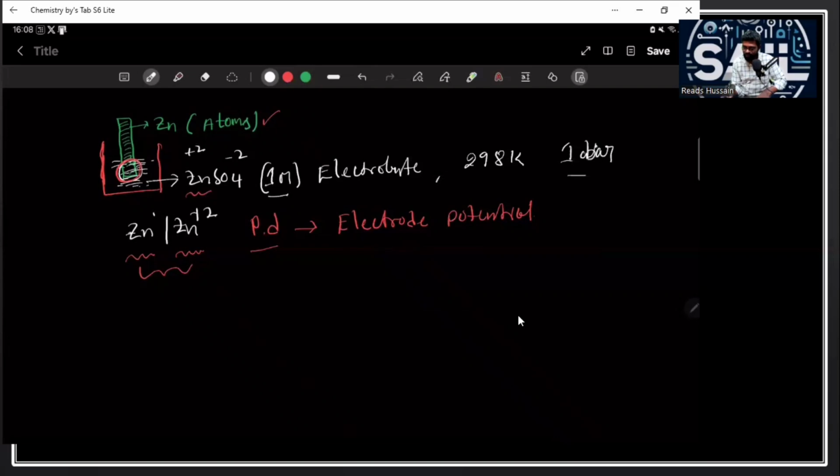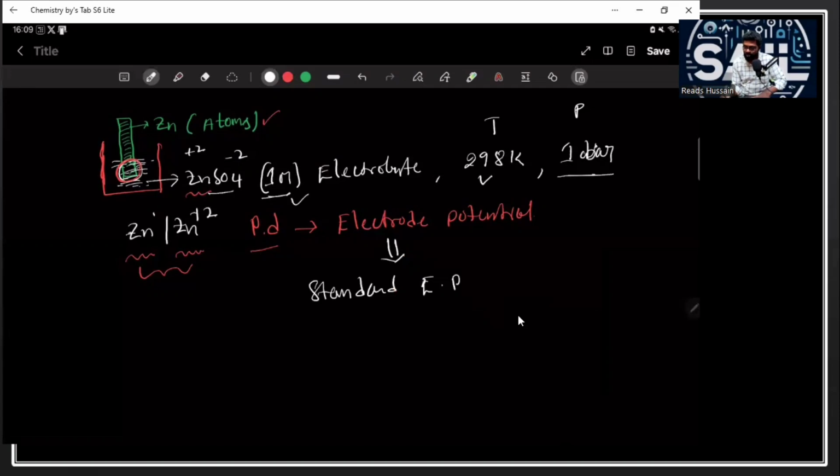These are the conditions: concentration 1 molar, temperature 298 Kelvin, and pressure 1 bar. Under such conditions, this electrode potential is also called standard electrode potential. Electrode potential is represented by the symbol E. Standard electrode potential is represented by the symbol E naught.